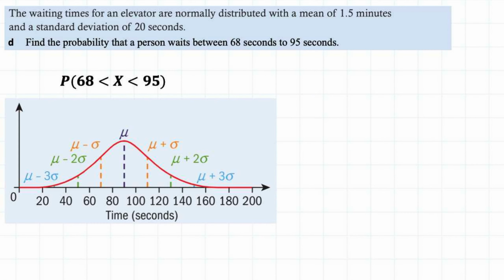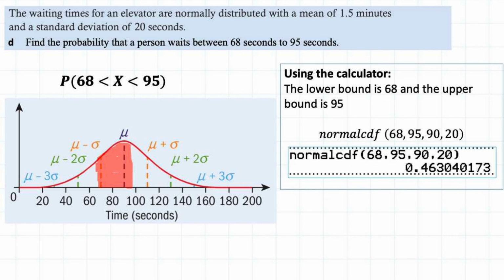What if I'm looking at in-between values? So what if I want the probability between 68 and 95? So I'll just shade the area, noticing that I go beyond the mean here. My lower bound this time is 68, my upper bound is 95. Remember, it doesn't matter if there's an equal to or not equal to, you will still type in the same answer.